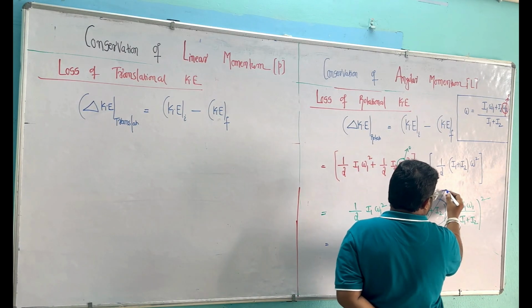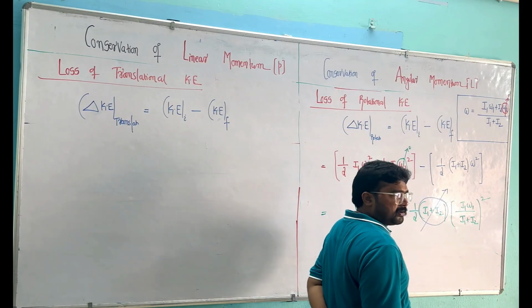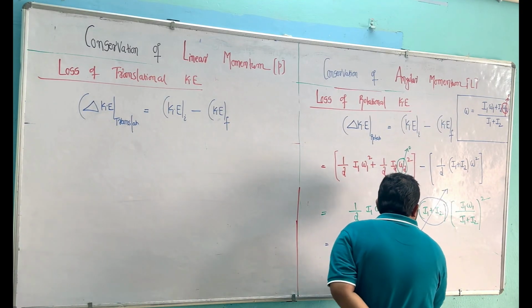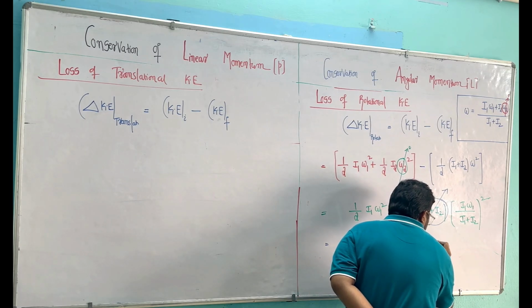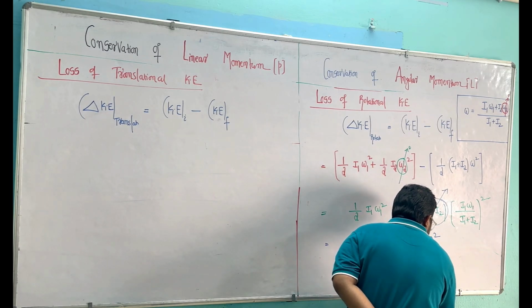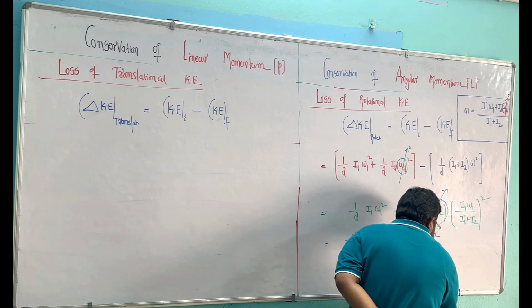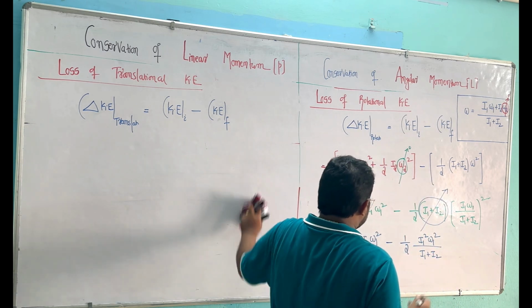Next, half I1 omega 1 square minus this I1 plus I2. Denominator I1 plus I2 gets cancelled out. Half into I1 square omega 1 square by I1 plus I2. Okay na?